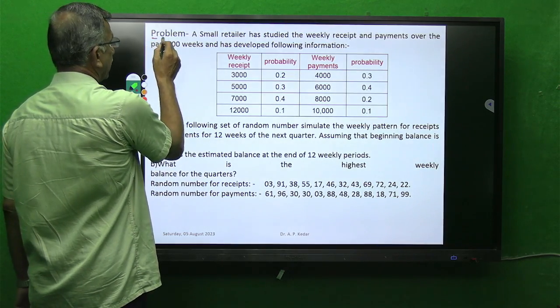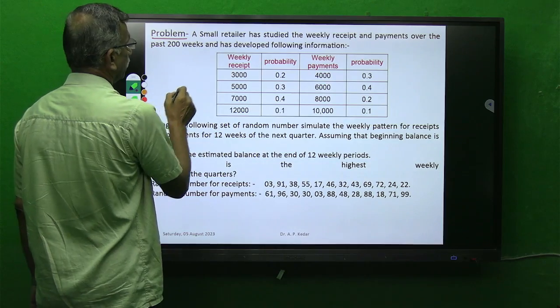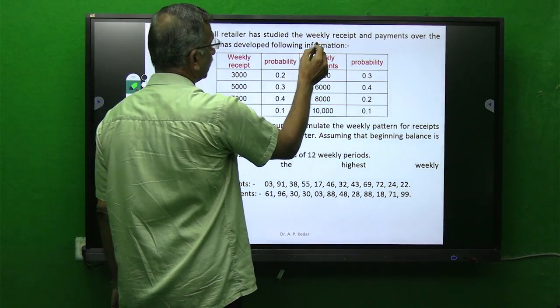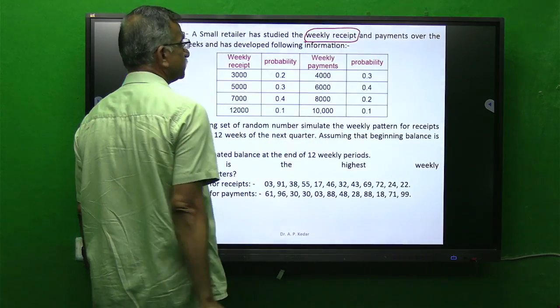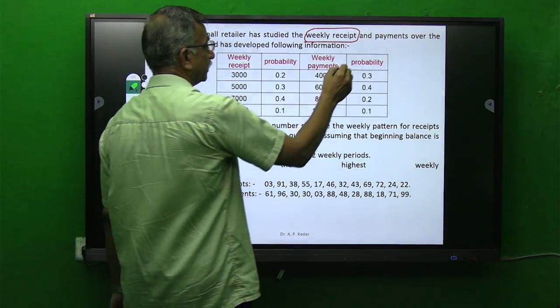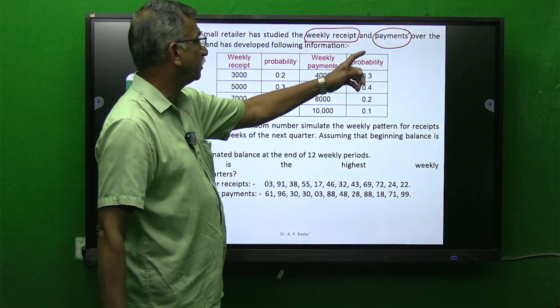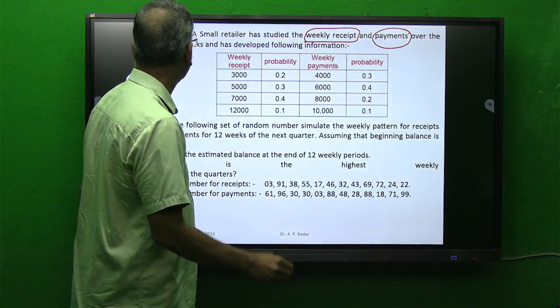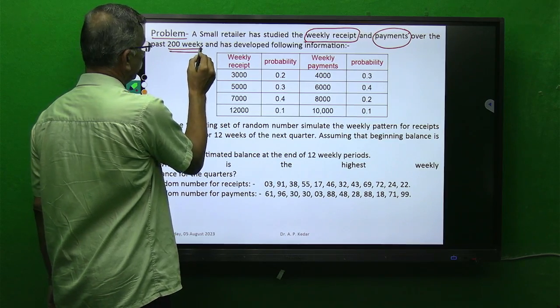the problem states that, what is the definition that we'll read first? A small retailer has studied the weekly receipt. Weekly, important term is receipt, and another term is payment. So over the past, this data is for the past 200 weeks.